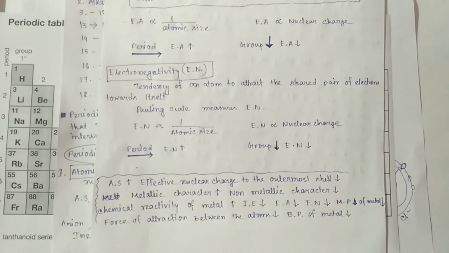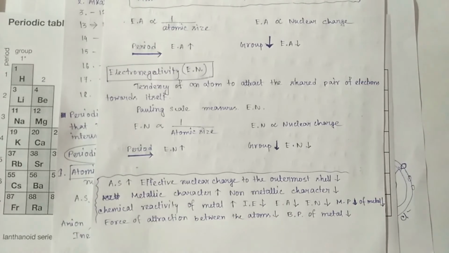So along a period, from left to right, electronegativity is increasing, because the atomic size is reducing and the effective nuclear charge increases, so the tendency of that atom to attract the shared pair of electrons towards itself increases.